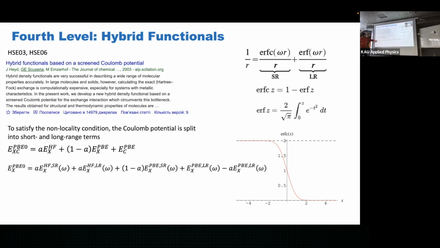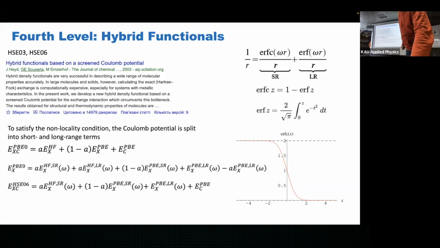The difference between these two equations is just that I added in all terms Hartree-Fock short range, Hartree-Fock long range. The same I made with PBE short range and long range. So I can split it in this way, short range and long range.